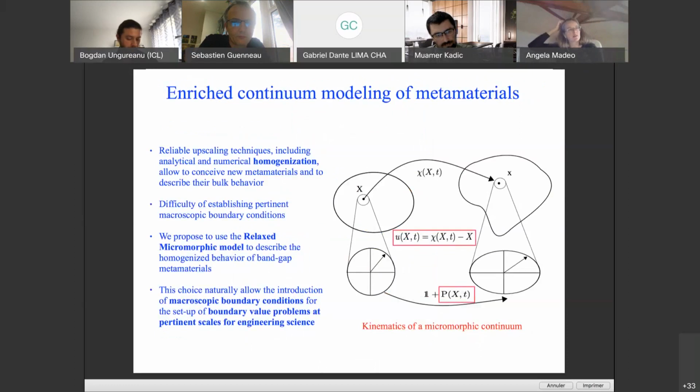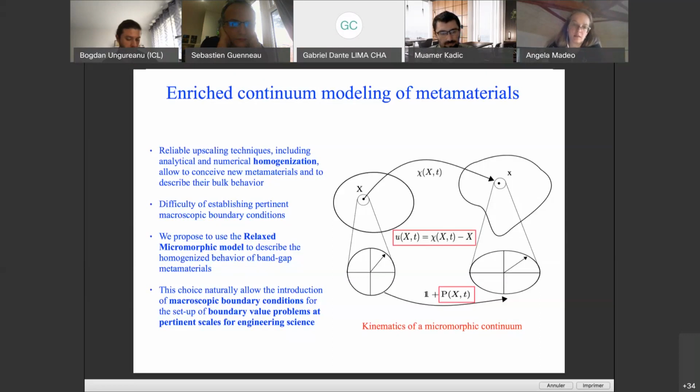And now we get a little bit more into the details by introducing such a micromorphic framework. So we see our continuum mechanics scheme that I reproposed before. So we have the classical picture with your material particle, capital X, which is mapped in its current configuration. So we have the displacement map chi, or equivalently the displacement, 3 degrees of freedom.